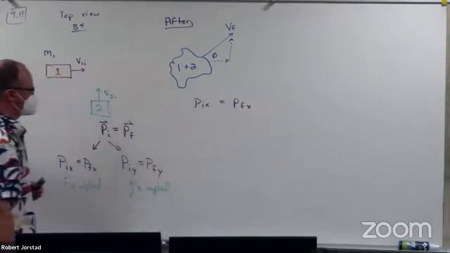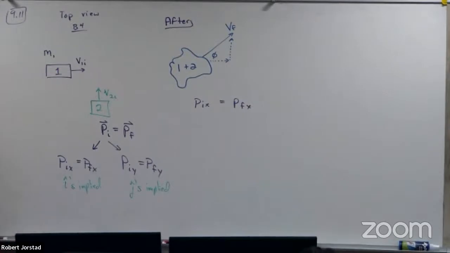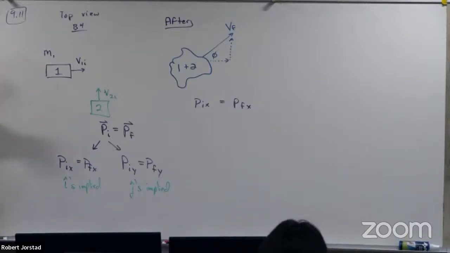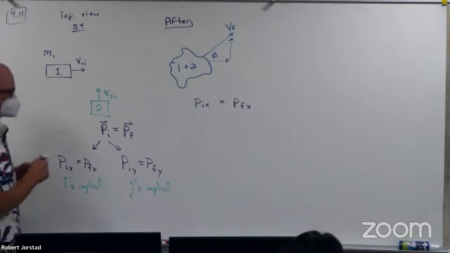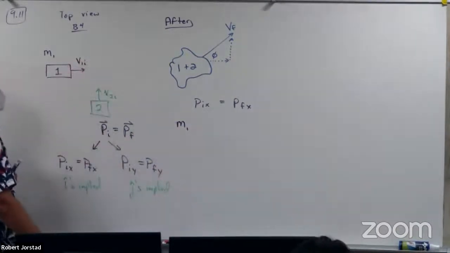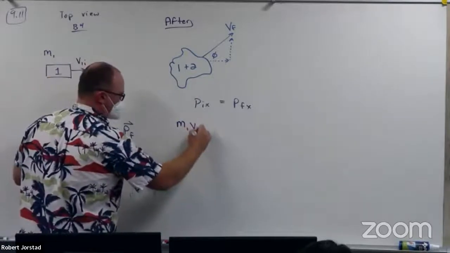What's P initial X? What should I write down? Does mass 1 have any initial momentum in the X? Yes. What's the equation for momentum for 1? Mass 1, V1 initial.